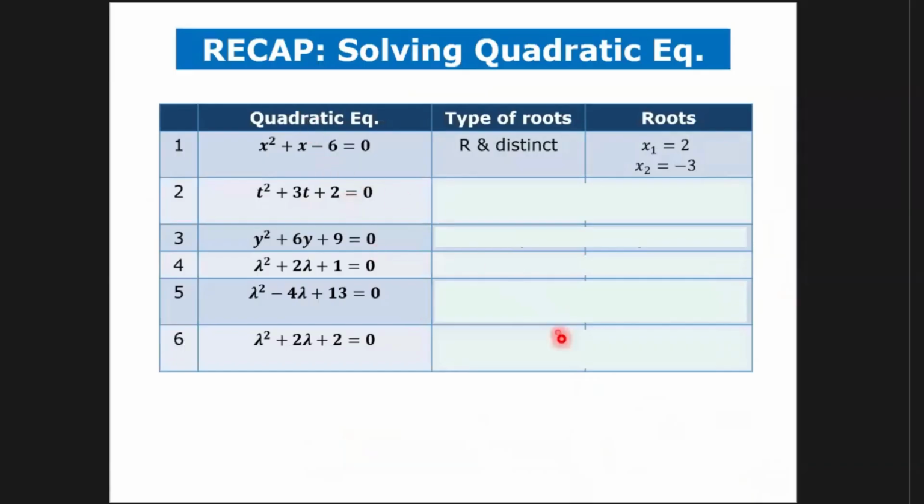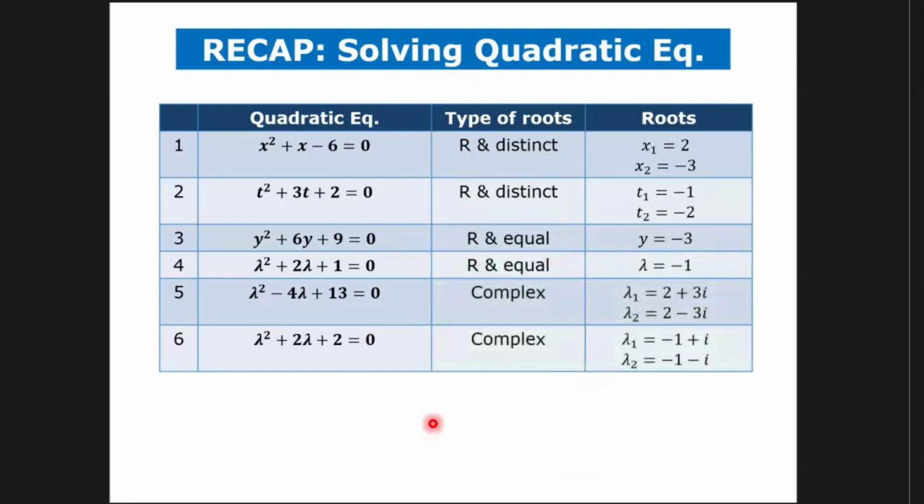For the first quadratic equation, the type of roots is real and distinct. Also for the second one. For the third and fourth equation, the roots are real and equal. And for the fifth and sixth equation, the roots are complex roots.